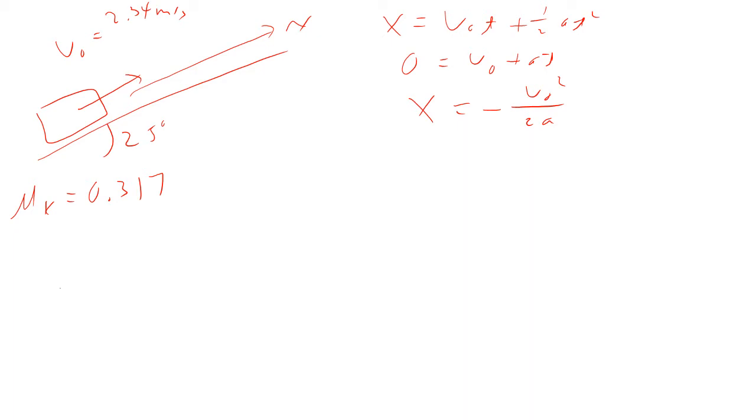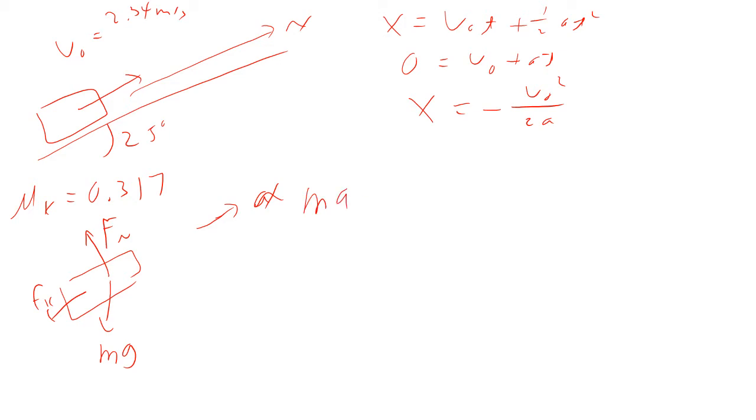Well, free body diagram, we've got mg like this, we've got the normal force, we've got the kinetic friction. We know that direction is going to be the x-axis, so I'm going to say that way is positive. So that means that net force equals ma.